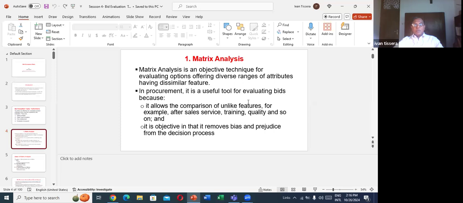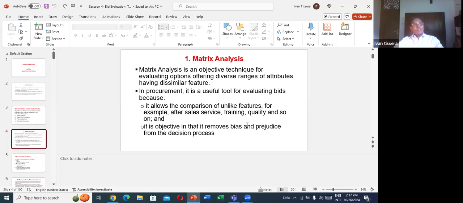In procurement, it is a useful tool for evaluating bids because it allows the comparison of unlike features. For example, after sales service, training, quality, and so on, right? It is objective in that it removes bias and prejudice from the decision.